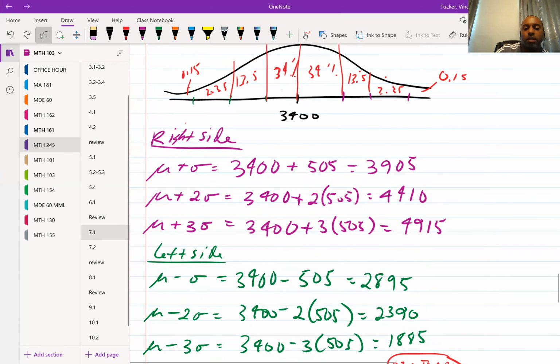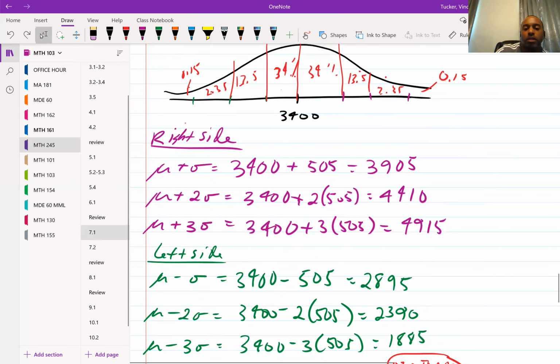All right, so let's go to the chart once again. I just want to make sure we are okay with reading the chart. We're looking at negative 1.17. The first thing we do is go to negative 1.1, and then 7 here, and then we see where they meet.